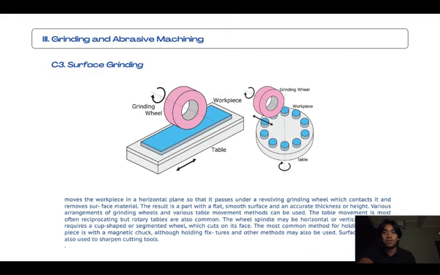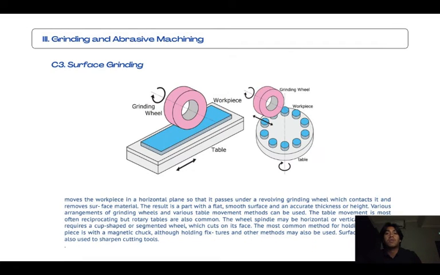Various arrangements of grinding wheels and various table movement methods can be used. The table movement is most often reciprocating, but rotary tables are also common. The wheel spindle may be horizontal or vertical.